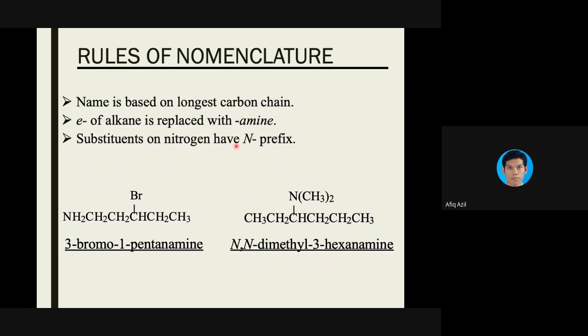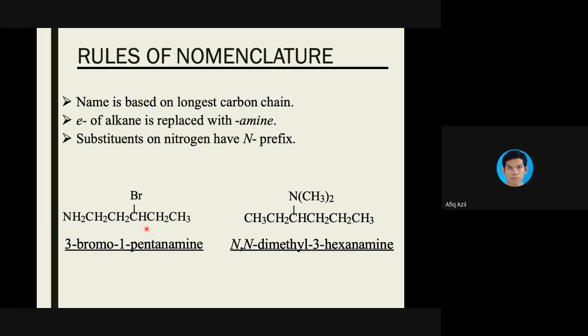Substituents on nitrogen will have an N prefix. An example here: we have NH2 on this side bonded to CH2, CH2, CH2, CH2, CH3. You have to find the carbon that is bonded to the nitrogen. The longest chain will be 1, 2, 3, 4, 5. So 5, so you have pentane.